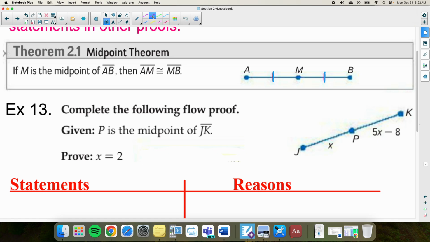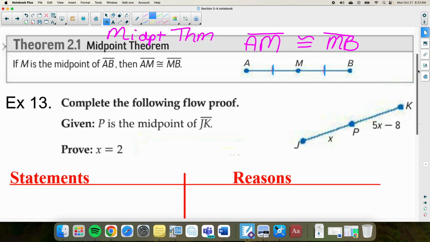So what happens is they would tell you M is the midpoint of AB, and then you would say that means AM is congruent to MB, okay? And that would be by midpoint theorem. And how I abbreviate that is I do MIDPT, and then theorem, I always do THM, okay?